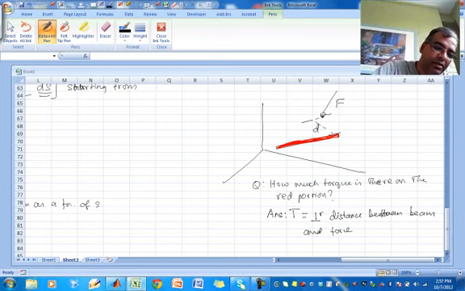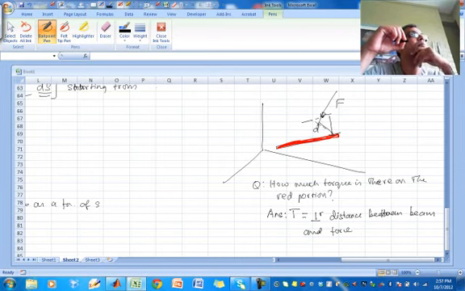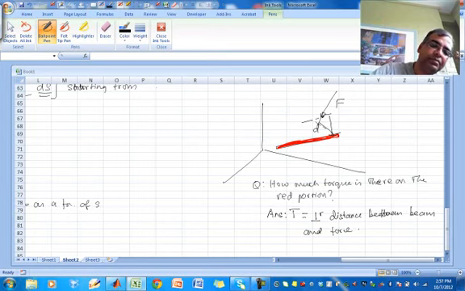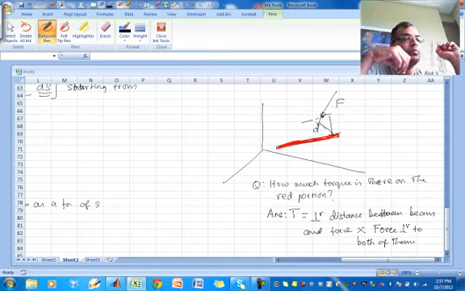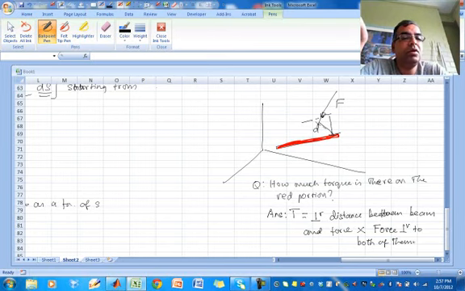So it is not that one. You have to find the closest distance. That's the perpendicular distance times the force perpendicular to both of them. Now, this is really bizarre, but that's what you have to do.